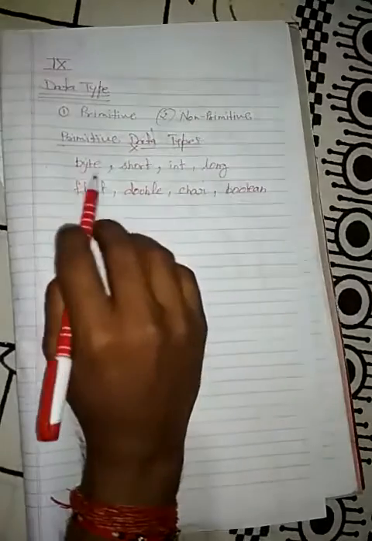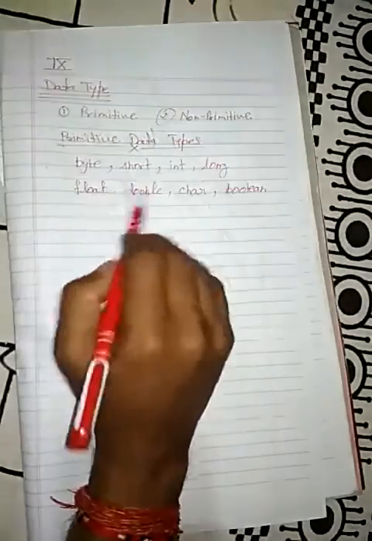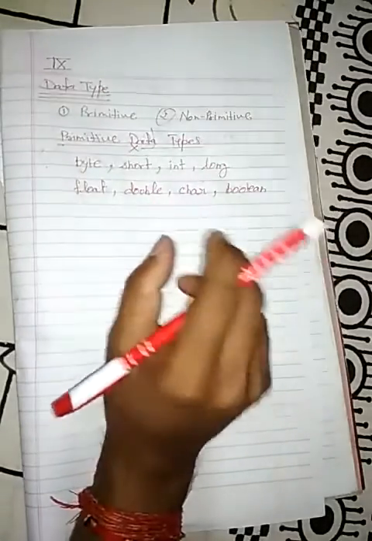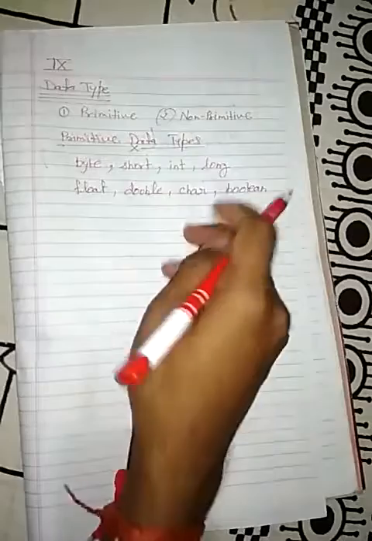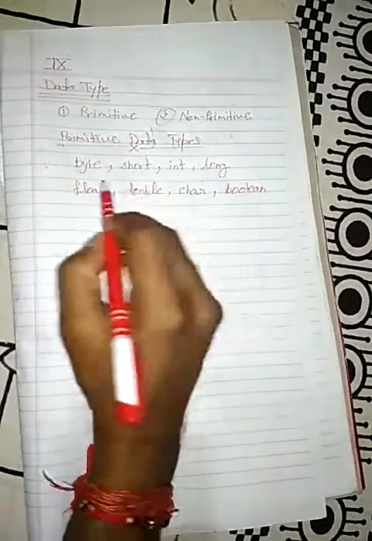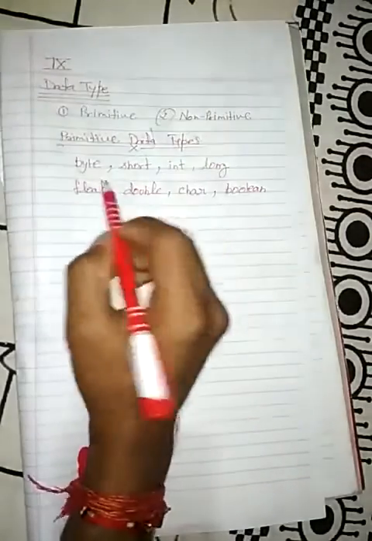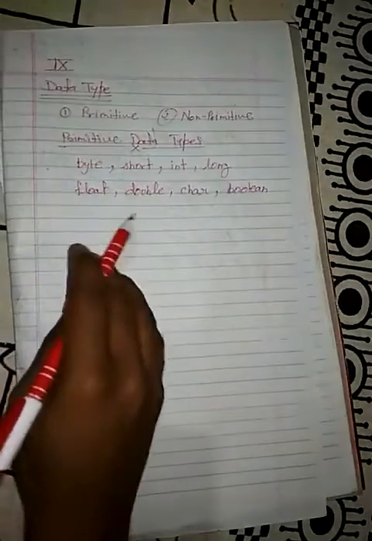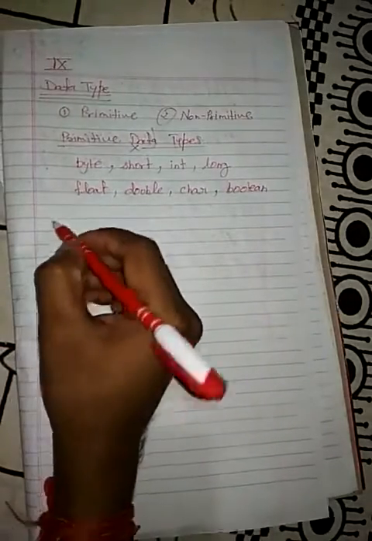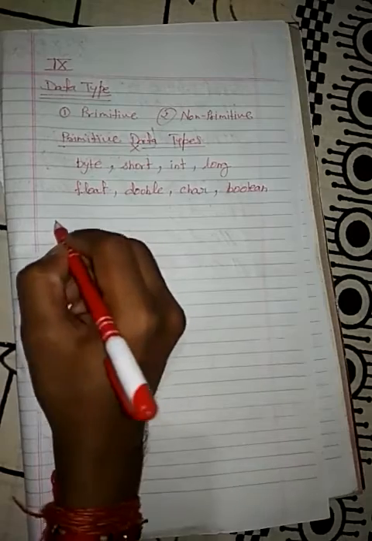It means these data types already contain their size, their range, and the type of value. That's why they are called primitive data types. And then the next one is non-primitive data types.